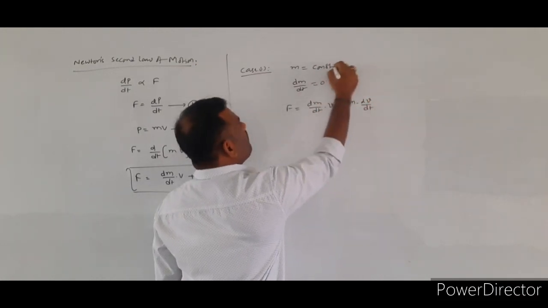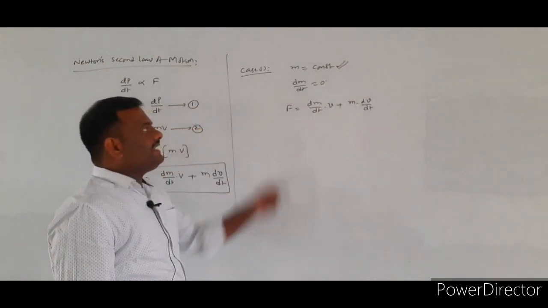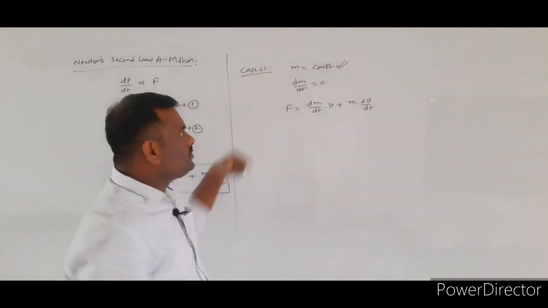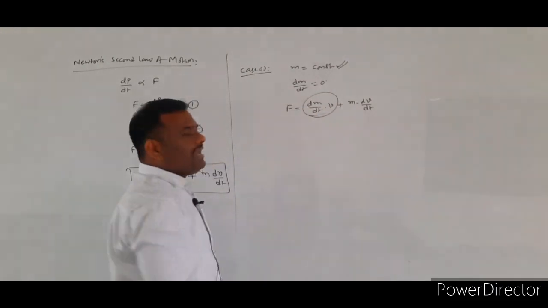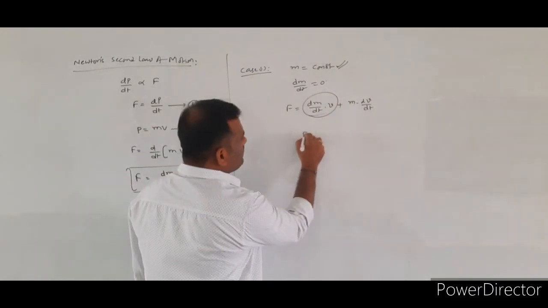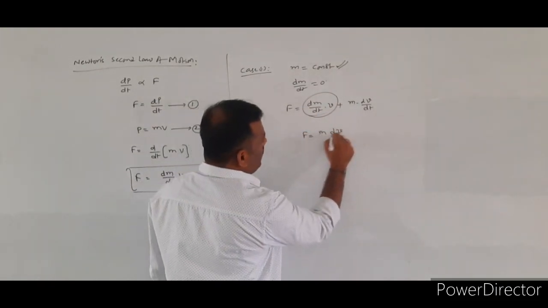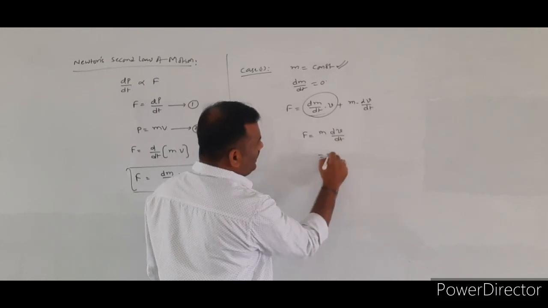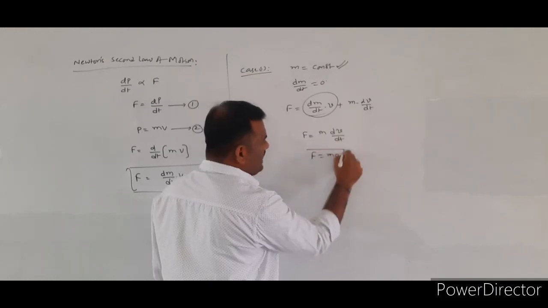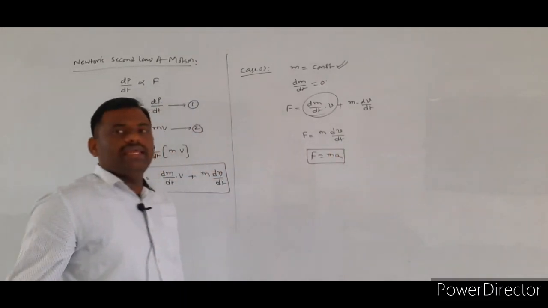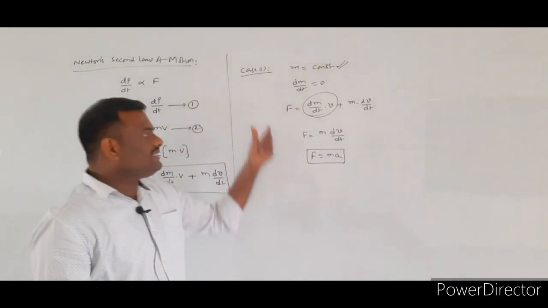If mass is constant, dm by dt is equal to 0, so the first term is 0. The expression for the force is F is equal to m into dv by dt, which can also be written as F is equal to ma. So this is case 1.